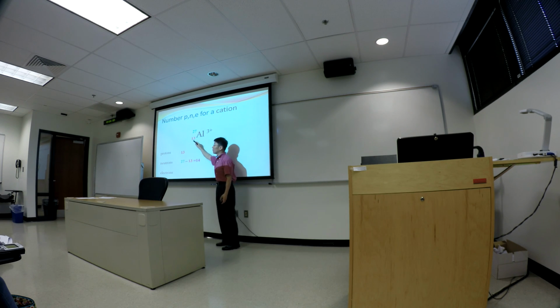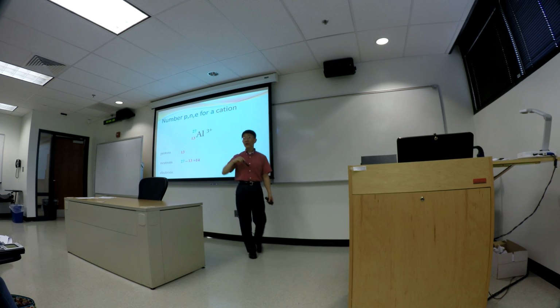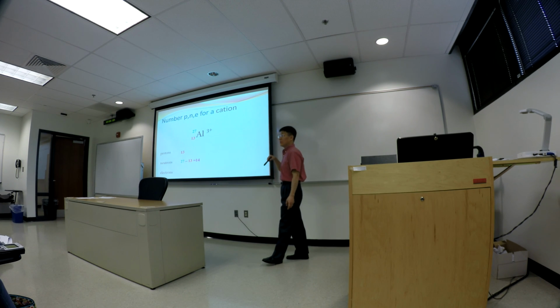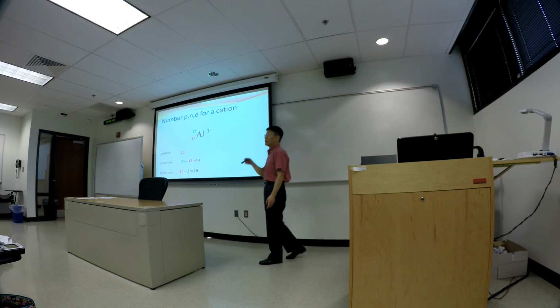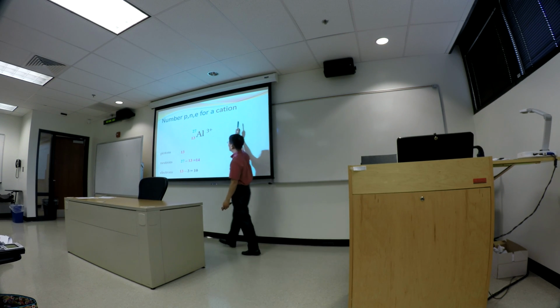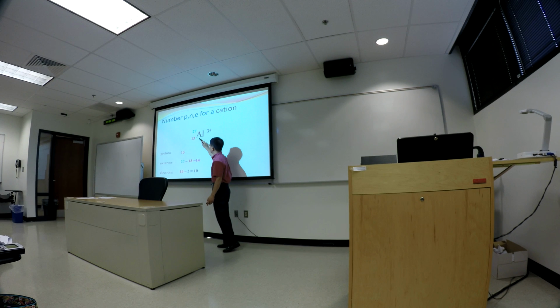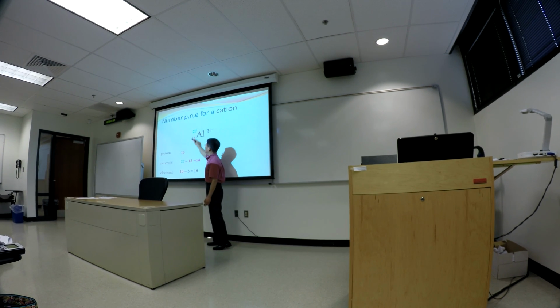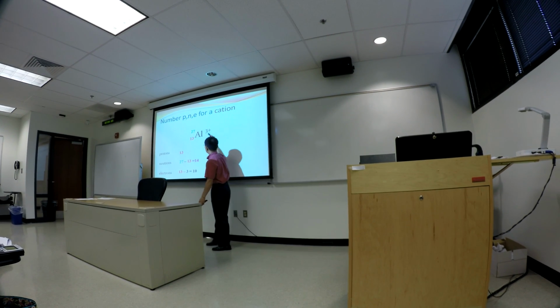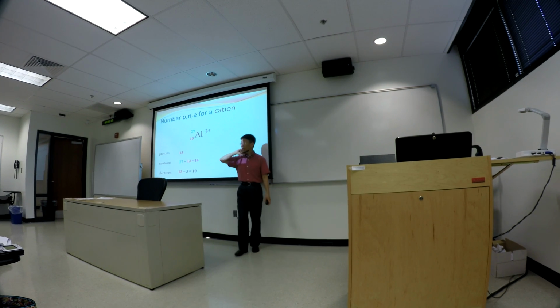So you start with 13 electrons, you gave out 3 electrons. How many left? 10. 13 minus 3. So for a positively charged ion, or cation, the number of electrons is how many you start with minus whatever the charge is. Okay.